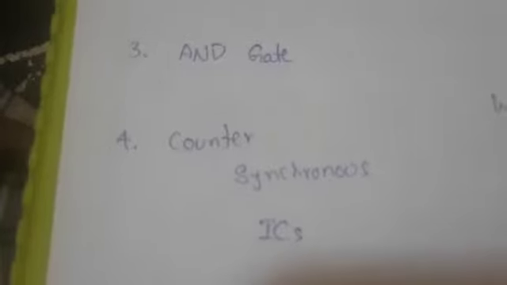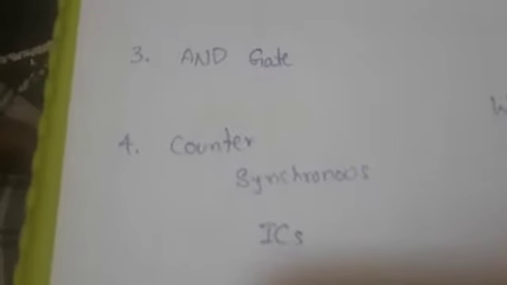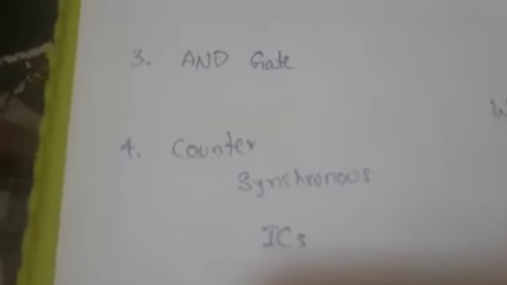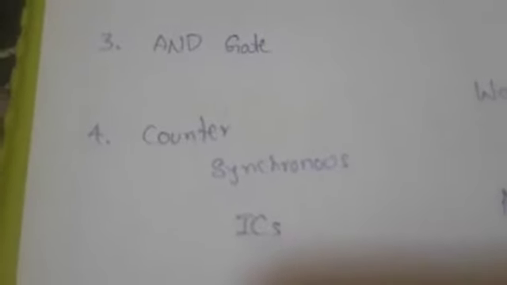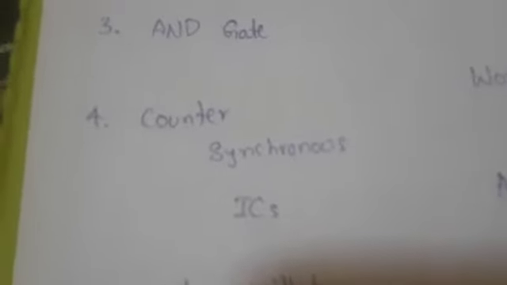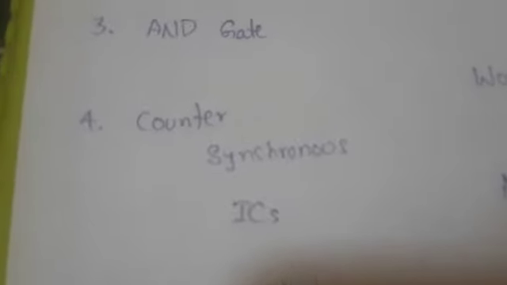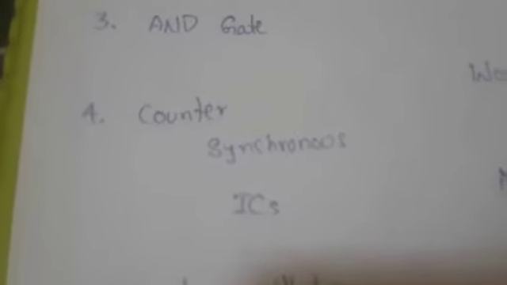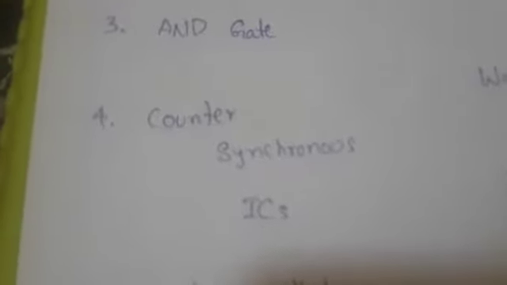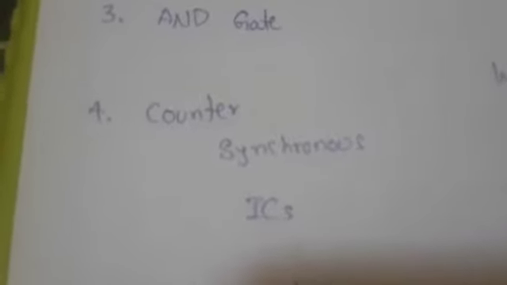In this meter, the output of the AND gate is given to the counter to count the number of pulses, and these counters are available in the form of ICs, that are integrated circuits, and also incorporated as parts of larger integrated circuits. That is about the counter.